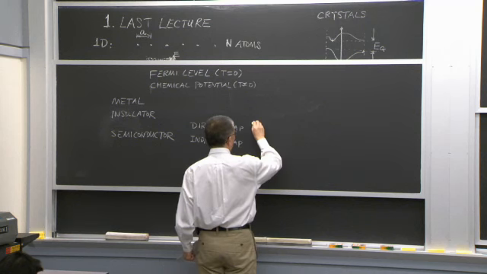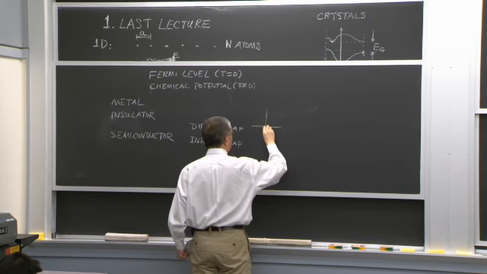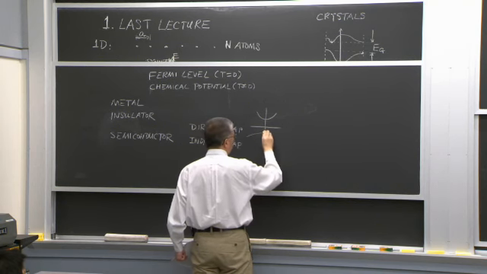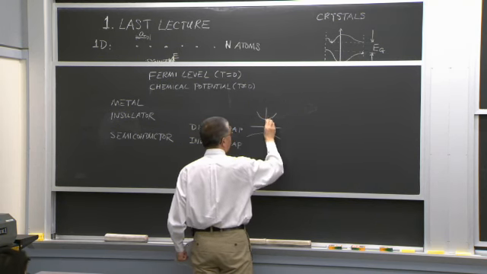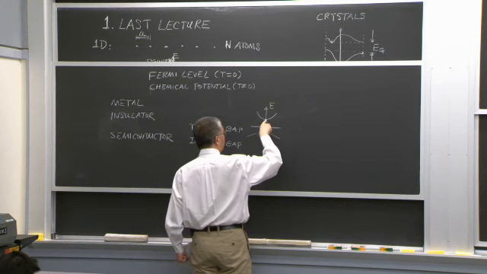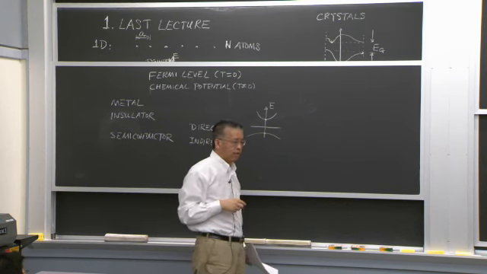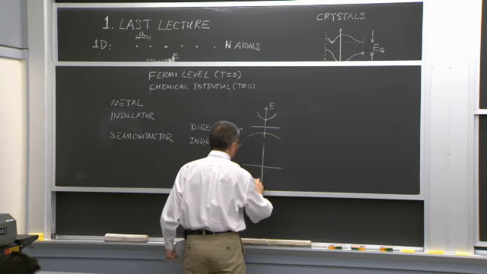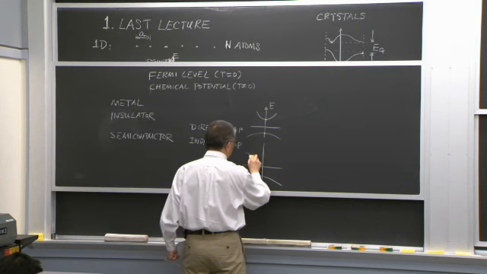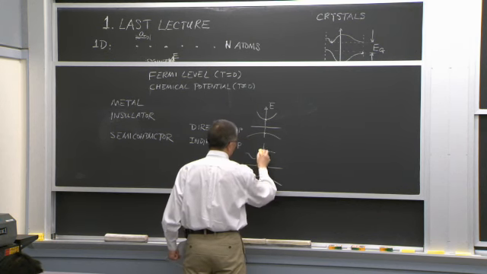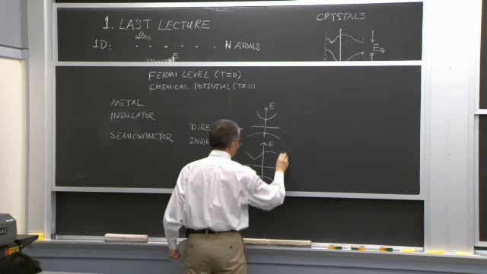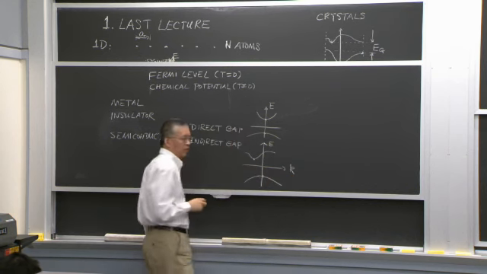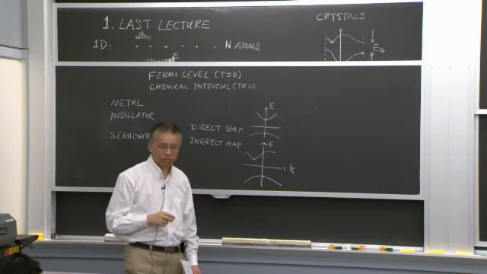So direct gap is when the conduction and the valence band, so the upper band we say conduction, and the lower band is valence, the minimum and maximum happen at the same wave vector, while indirect is different. Here is the energy, here is the wave vector, and they may happen at different wave vectors.